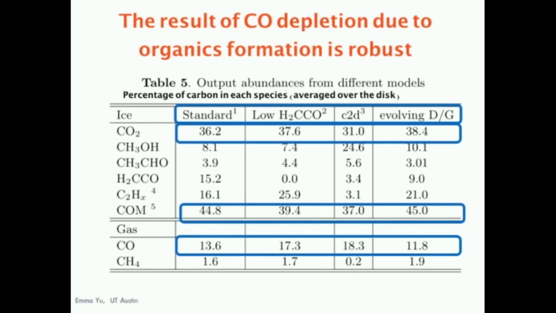So we have a different chemical network, different input abundances, and different dust properties. So the takeaway of this is we have a lot of carbon dioxide ice, in all cases around 35%, and a lot of organics, roughly on average 40% of available carbon. And the CO abundance is only around 15%. So unlike in molecular clouds, we think CO may not be the most abundant molecule out there.